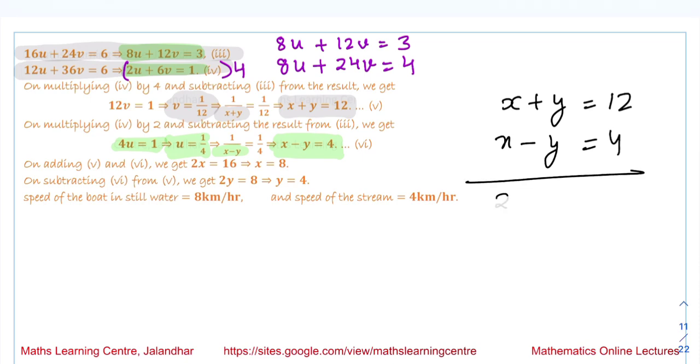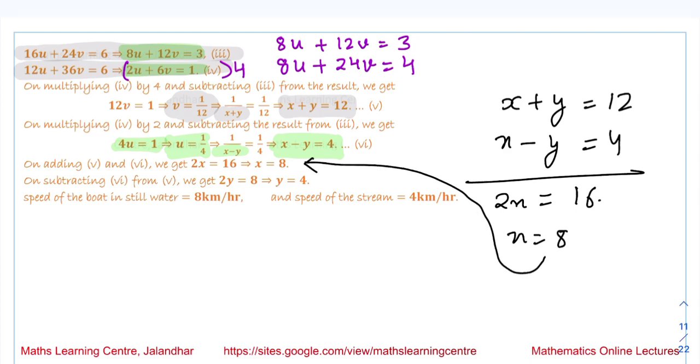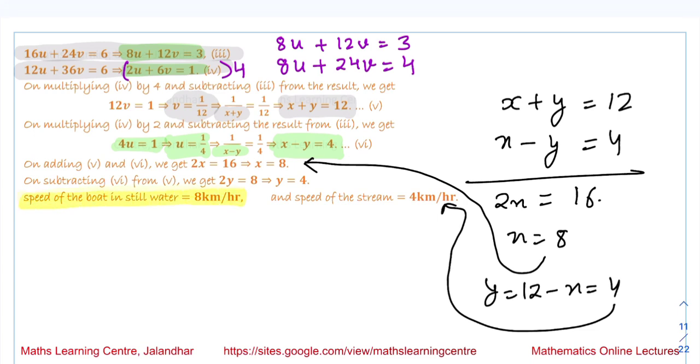So when we add these two equations, we get 2x is equal to 16. So the value of x is 8, and the value of y is 12 minus x, which is equal to 4. So these are our final answers: the speed of the boat in still water is 8 km per hour and the speed of the stream is 4 km per hour.